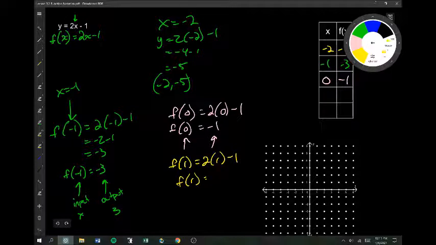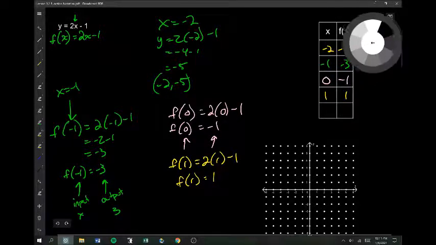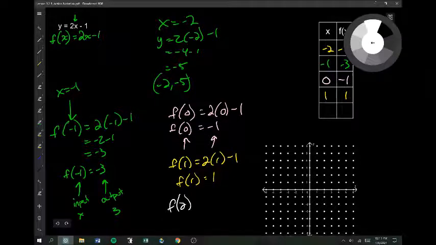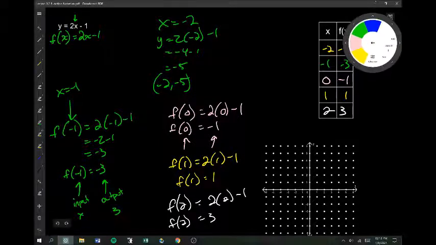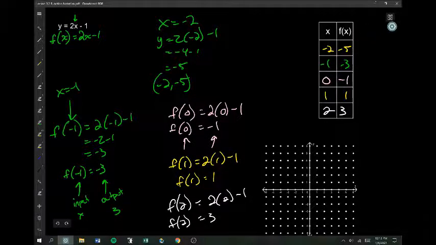This comes out to an output of 1. It's the point (1, 1). And I'll do f of 2. The input is 2. 2 times 2 minus 1 is 3. This lets me see really quickly a collection of points with their inputs and their outputs.